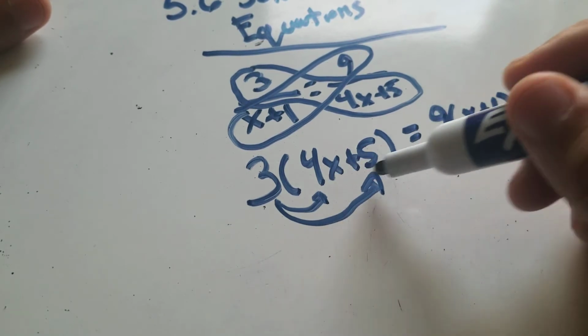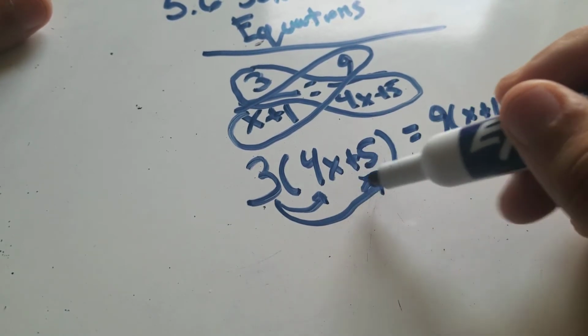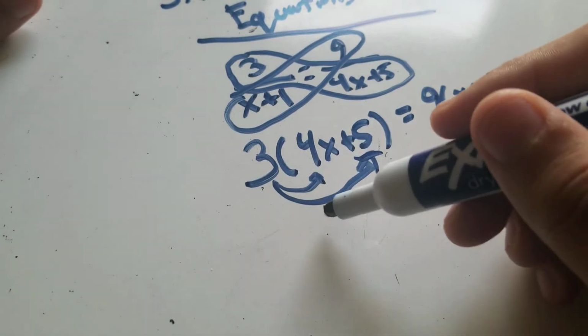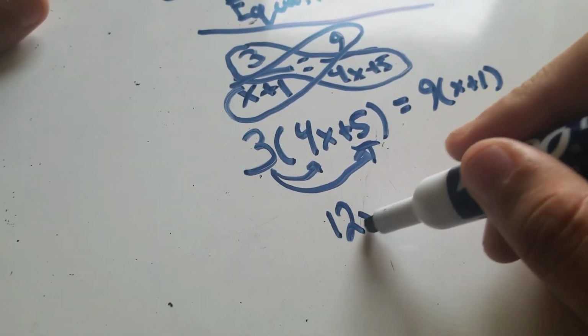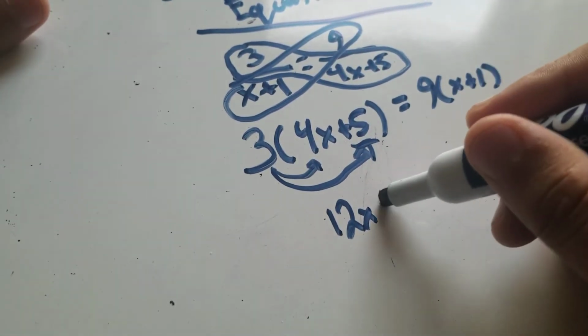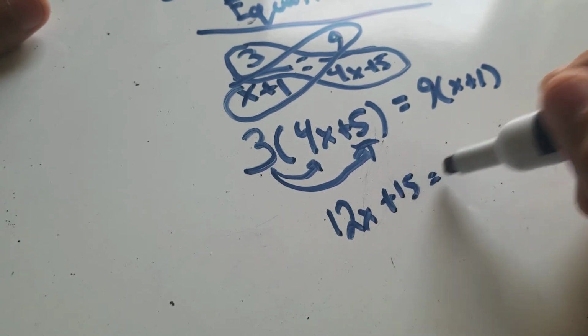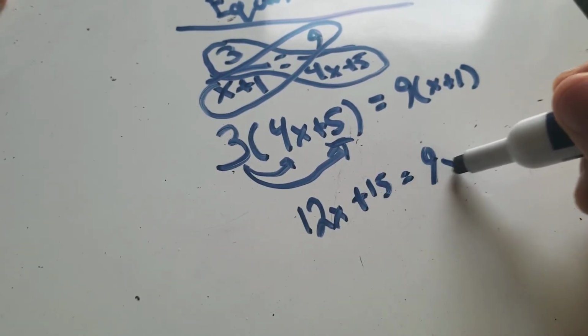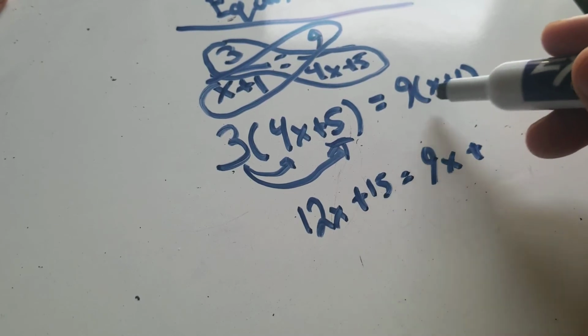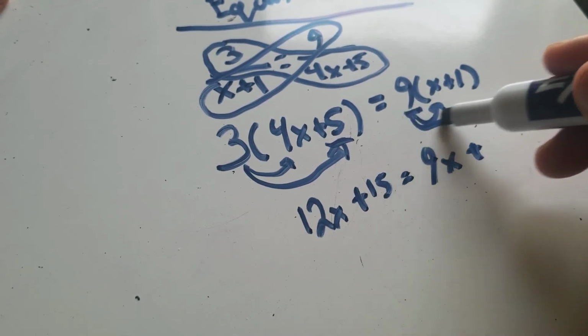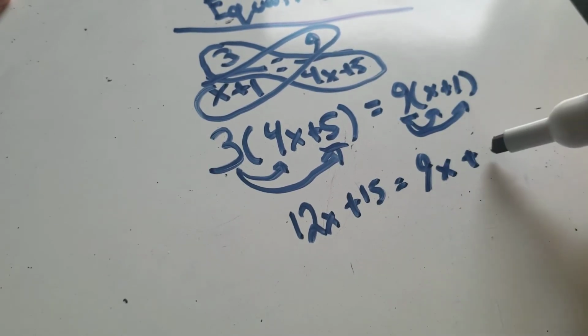A lot of times, some of your little mistakes are just forgetting to distribute to the last one. Don't do that. 3 times 4x is 12x. 3 times 5 is 15. Equals 9 times x is 9x. Plus 9 gets distributed to here and here. And then 9 times 1 is 9.